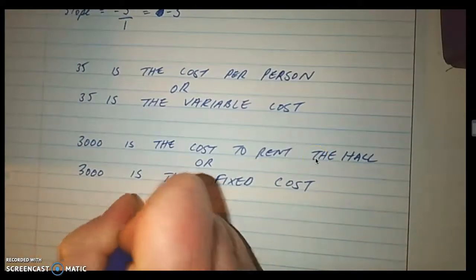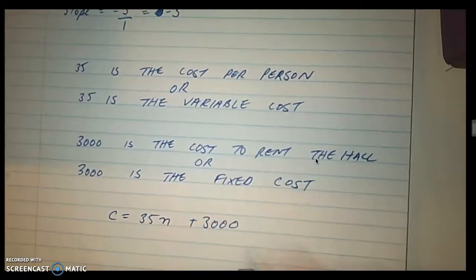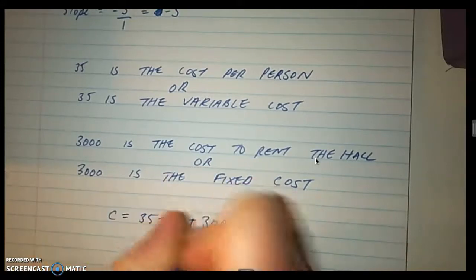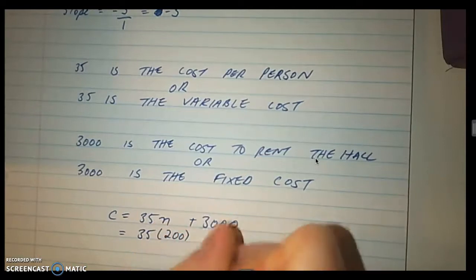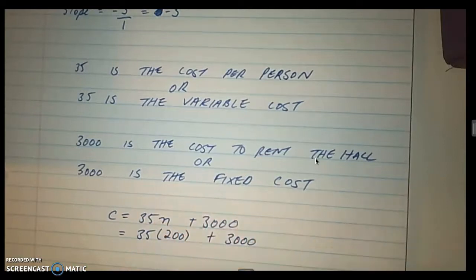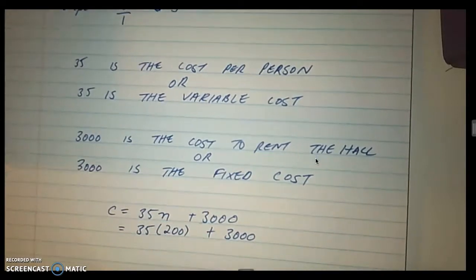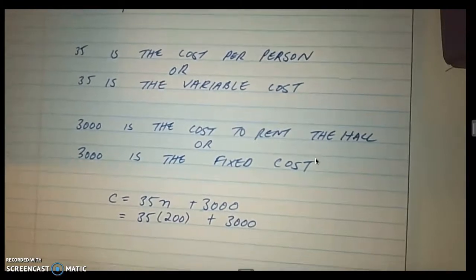So your cost equals 35n plus 3,000. We want to figure out the cost for 200 people, so I can rewrite it as 35 times 200 plus 3,000. Then you might want to throw that in a calculator, add it all up, and you should get a total cost for the hockey banquet.